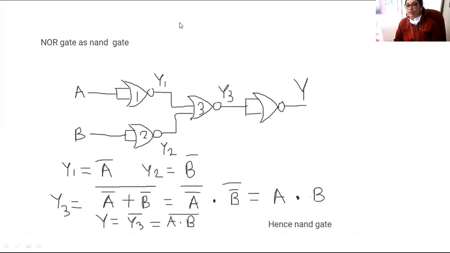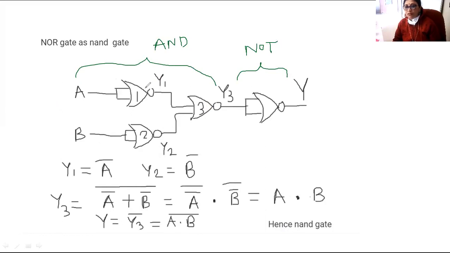So this whole is the AND gate, we know this already. And this AND gate must be followed by a NOT gate in order to form the NAND gate.